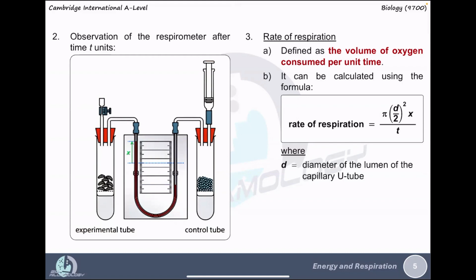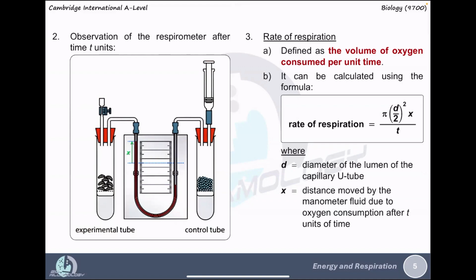Where d is the diameter of the lumen of the capillary U-tube, which we can measure in millimeter, X is the distance moved by the manometer fluid due to oxygen consumption after T units of time, and T is the time taken for respiration to take place.